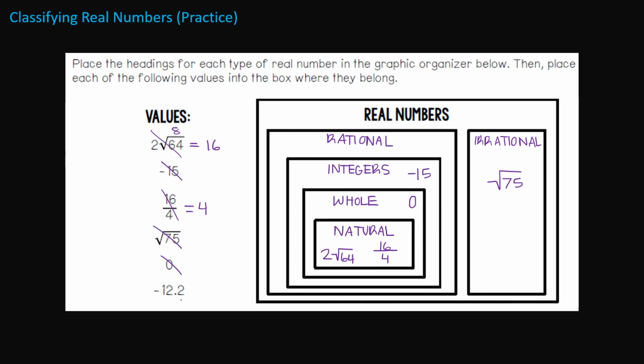And negative 12.2. Negative 12.2 is a terminating decimal. The most specific type of number that can be is a rational number. Negative 12.2 cannot be an integer, a whole number, or a natural number. It must be just a rational number and a real number.